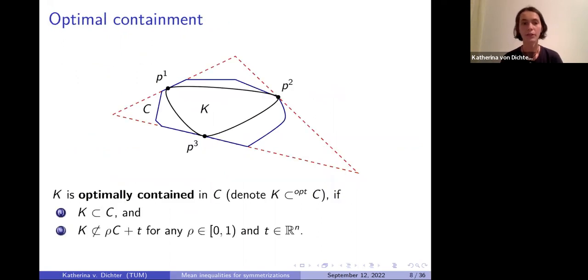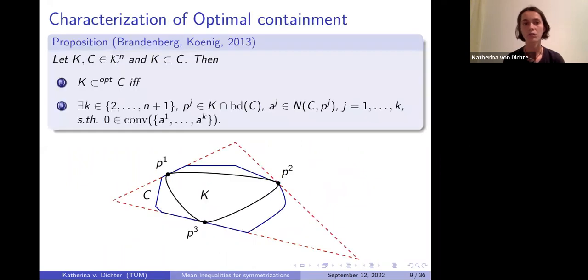To understand it better, we have to introduce a notion that is called the optimal containment. So we have two sets, K and C, and we say that K is optimally contained in C if, first of all, K is contained in C, and also there is no smaller dilation of C which completely contains K. Then we say that K is optimally contained in C. We are able also to characterize this optimal containment.